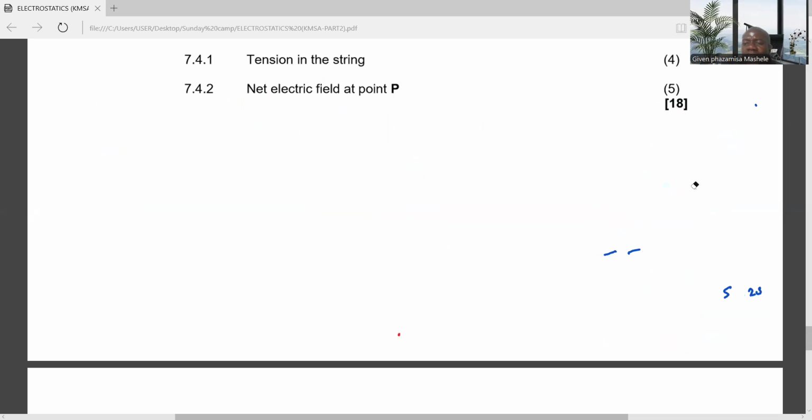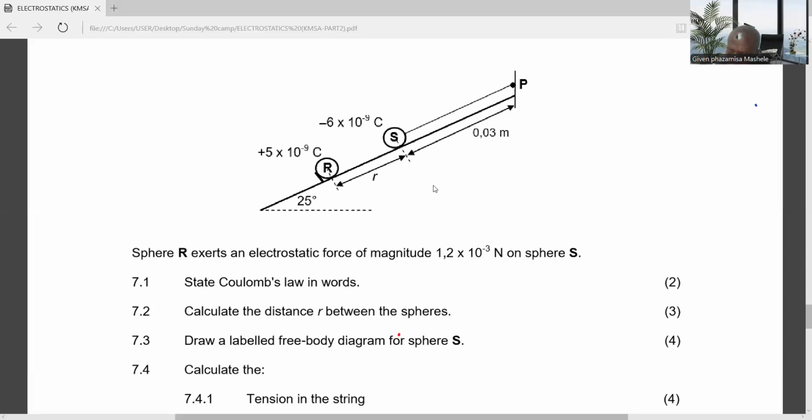Let me confirm this for the last time: calculate the net electric field at point P. I want to check the distance. We got 9 exponential 9, 5 exponential minus 9, 6 exponential minus 9, then divide by 1.2 exponential minus 3, and the square root of the answer.